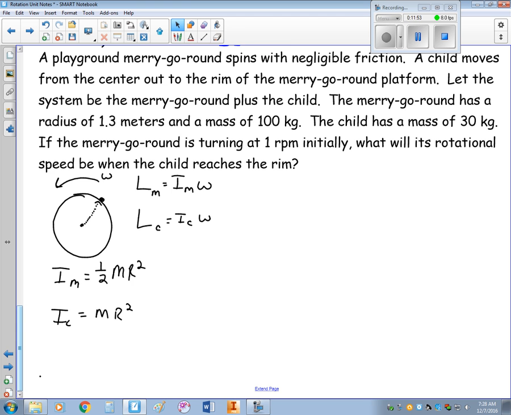So applying conservation of angular momentum, the change in angular momentum for the merry-go-round plus the change in angular momentum for the child must equal 0. So for the merry-go-round, it's final minus initial.